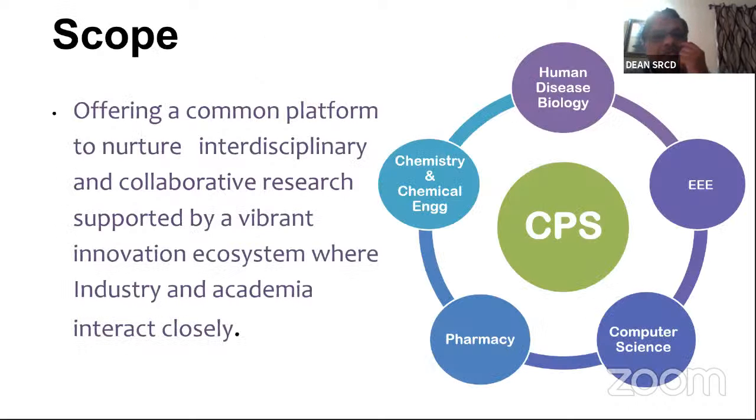Talking about this BioCPS hub, the idea is to develop a technology innovation hub, offering a common platform to nurture interdisciplinary and collaborative research. Keeping that focus, this will be supported by a vibrant innovation ecosystem where industry and academia can interact very closely and try to emerge with new knowledge and new science.